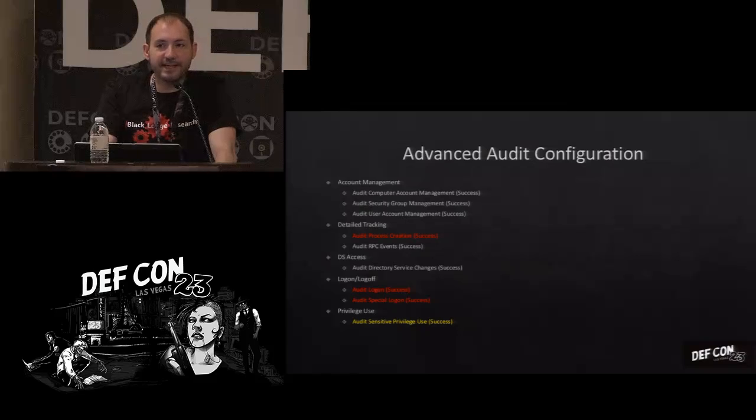The problem there, once again, is auditing process creation creates a very large number of events, especially on a domain controller. Processes start and stop all the time, and it's totally innocuous.